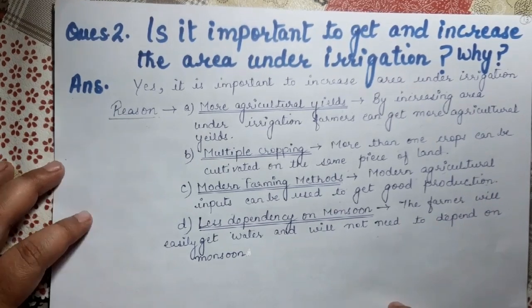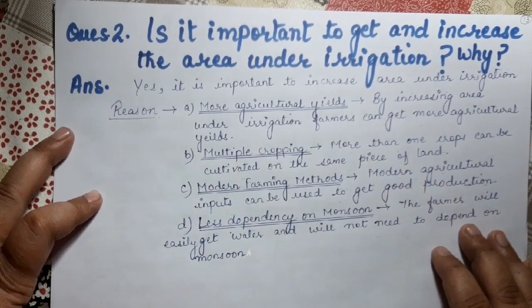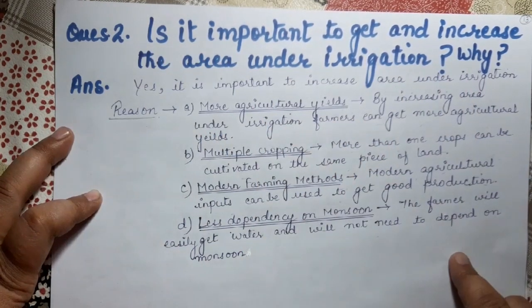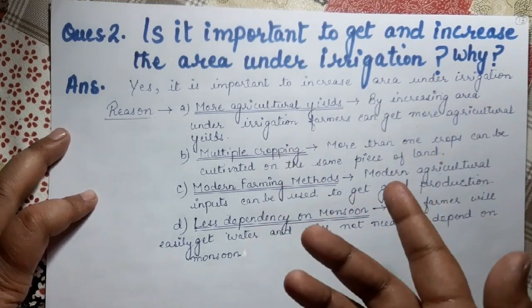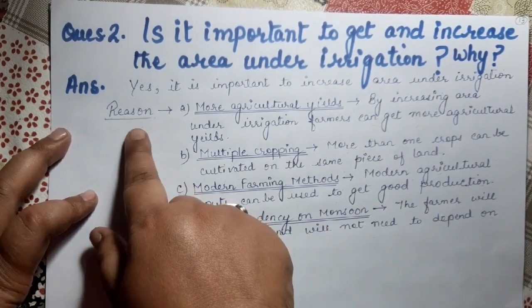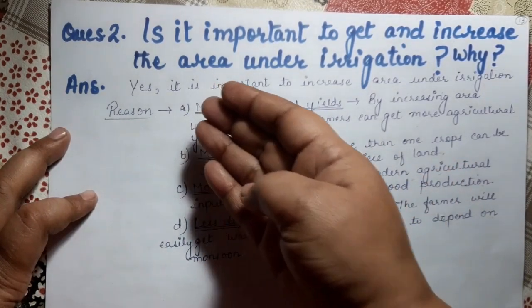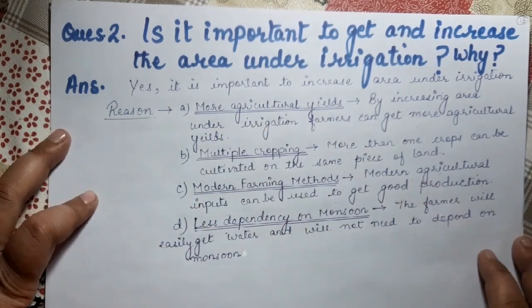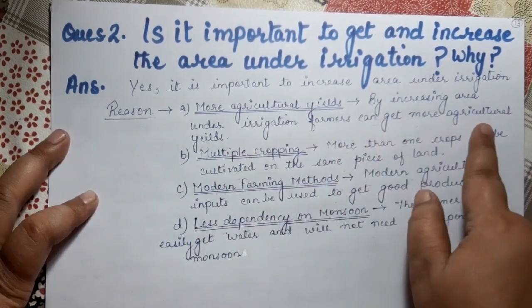Next question, to show you how to write a perfect answer: is it important to increase the area under irrigation? Why? The first part of the answer is yes, it is important to increase area under irrigation. Now the second part, why? You will write the reasons as sub points. A, more agricultural yields: by increasing area under irrigation, farmers can get more agricultural yields.